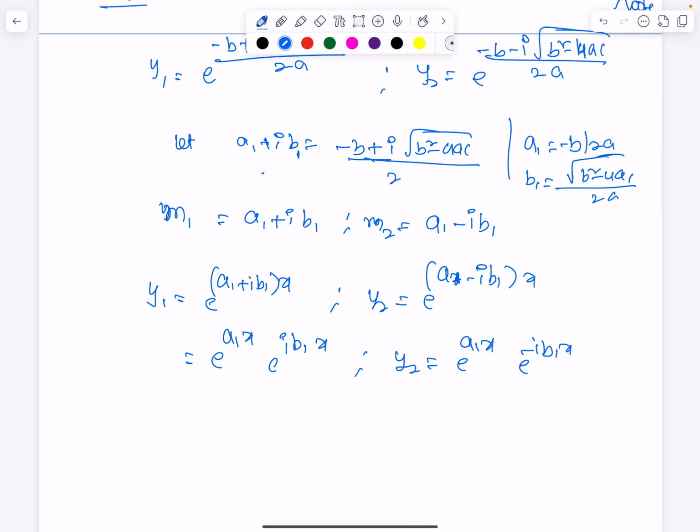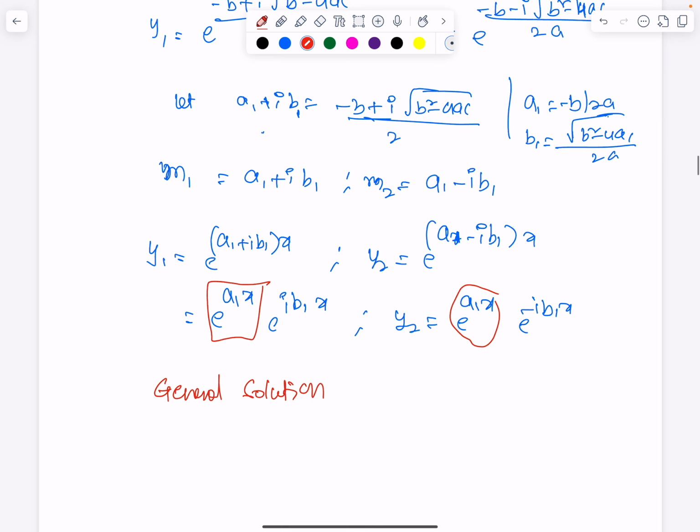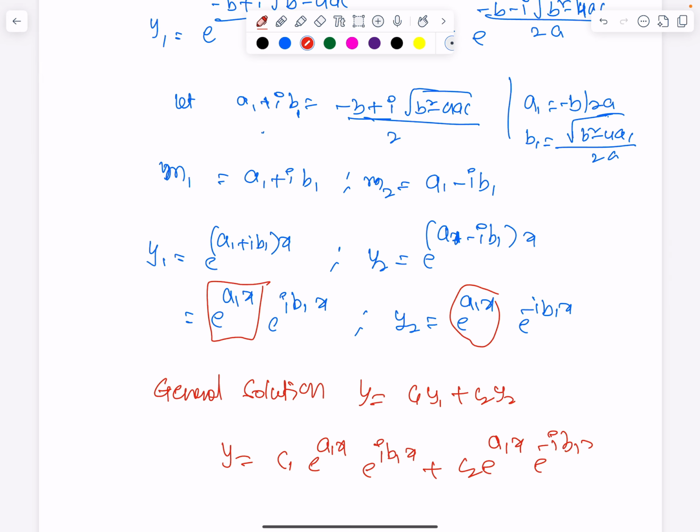Now you look at this, the real part is common for both. So whenever you write the general solution, y is equal to c1 y1 plus c2 y2, that is y is equal to c1 e power a1x, e power i b1x plus c2 e power a1x, e power minus i b1x.